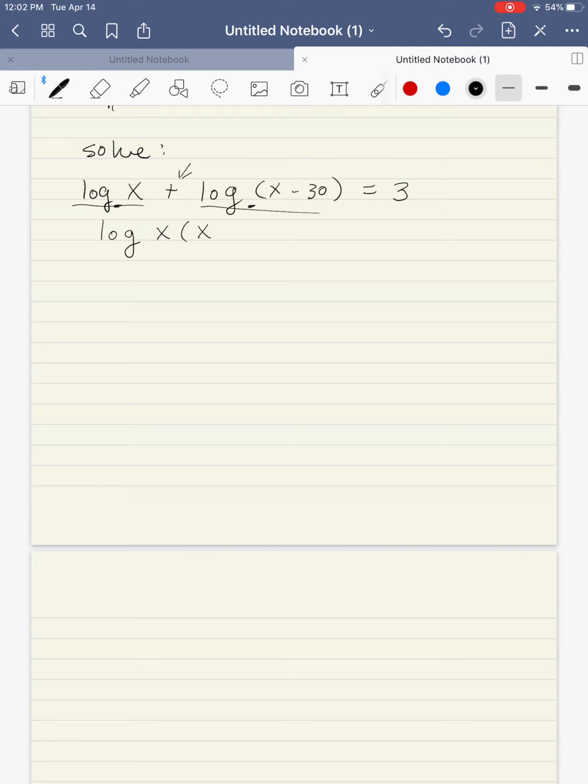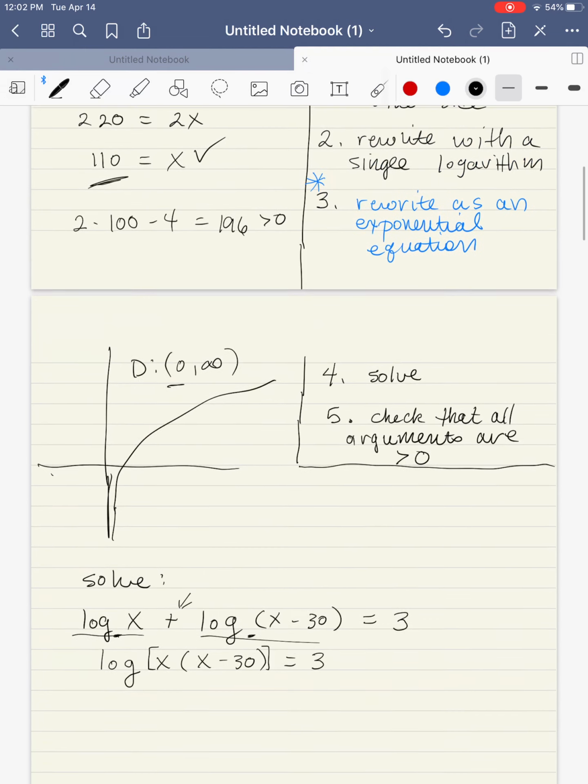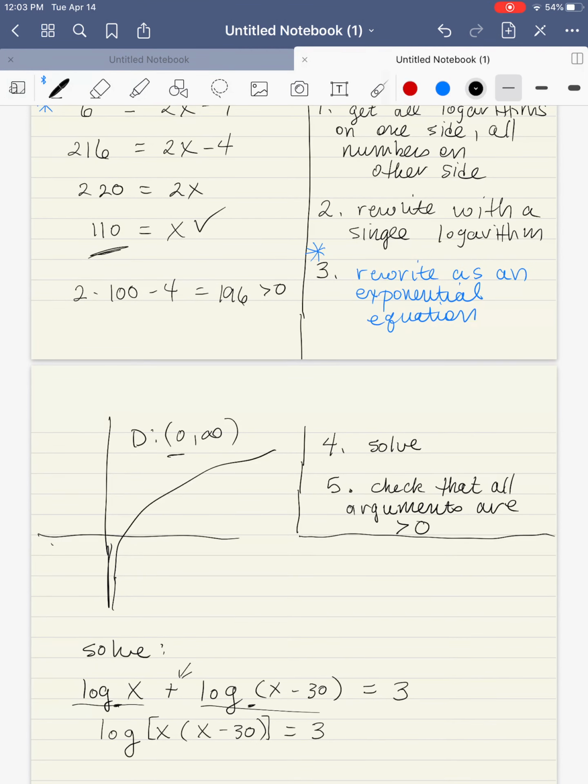We have addition in between, so that means that we're going to multiply our two arguments. And over on the right-hand side, we still just have equals 3. We didn't have to combine anything there. This whole thing, x times x minus 30, is our argument now.